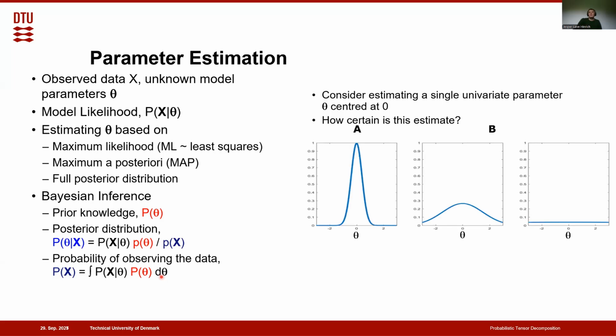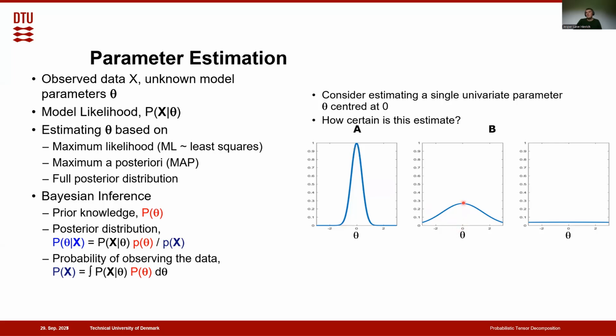And we want this because if we have a single univariate parameter theta centered at 0, there are 3 scenarios, A, B, and C. If theta has a value of 0 and a pretty strict confidence interval, so not a lot of uncertainty, then we are quite certain that the value really is zero.